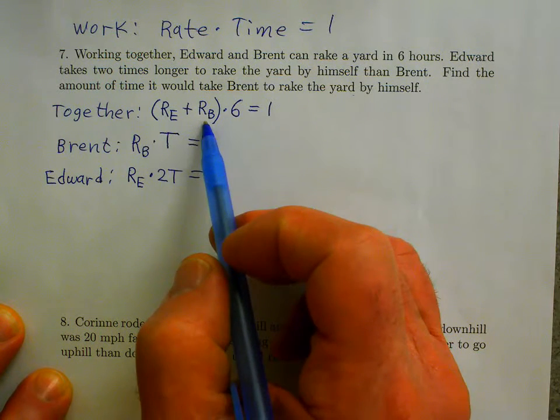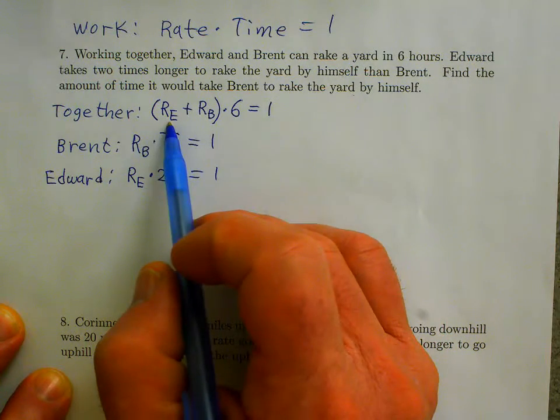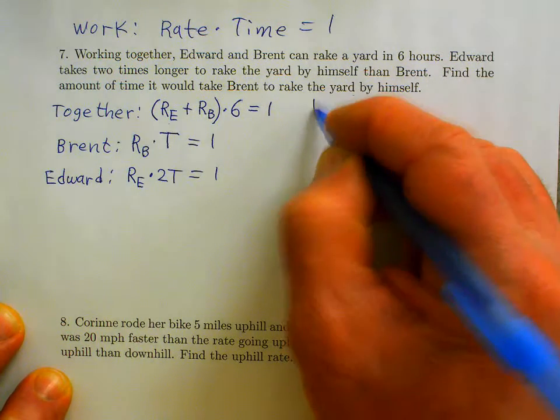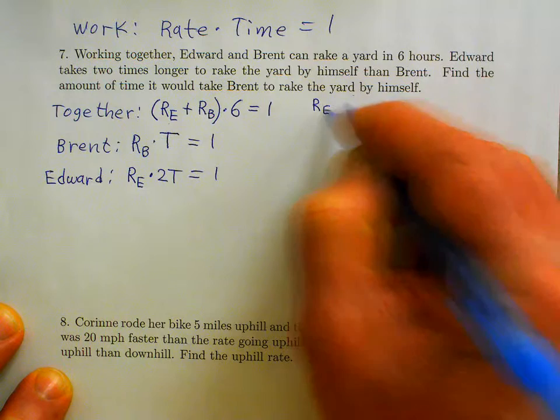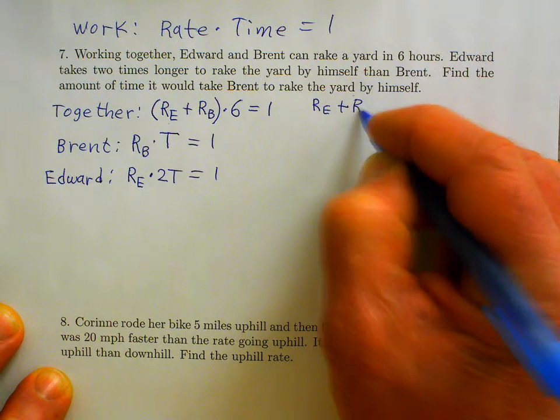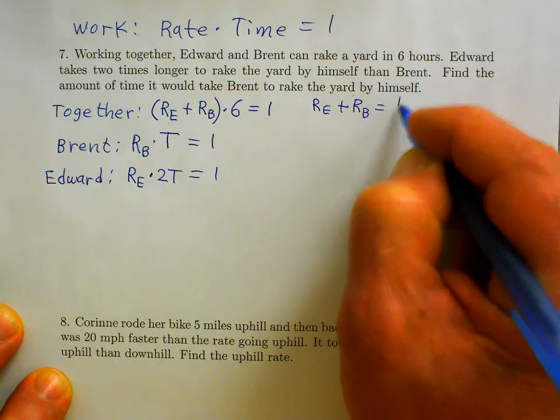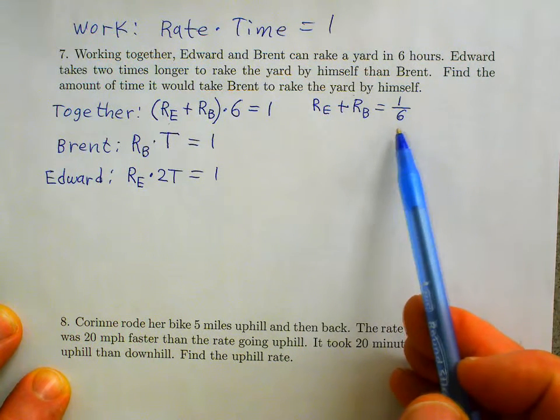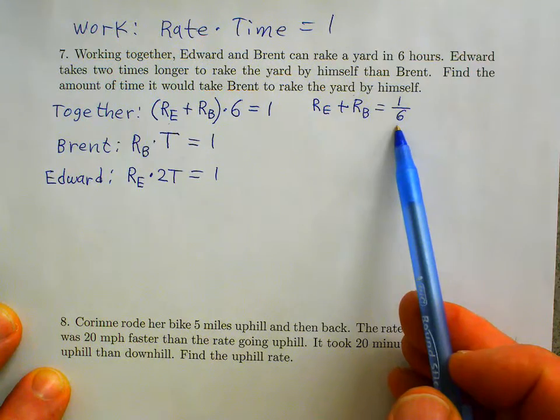In the top equation, we'll solve for the sum of the rates by dividing both sides by 6. So Edward's rate plus Brent's rate is 1/6. That just means that when they work together, they can rake 1/6 of the yard per hour.